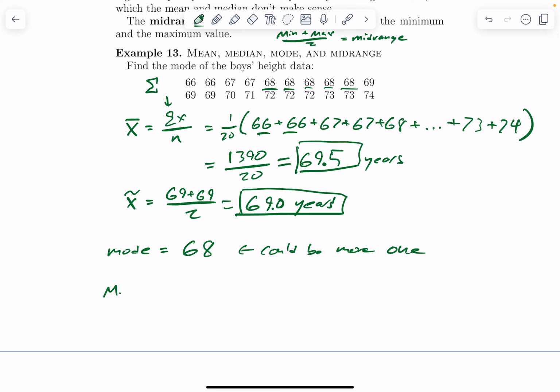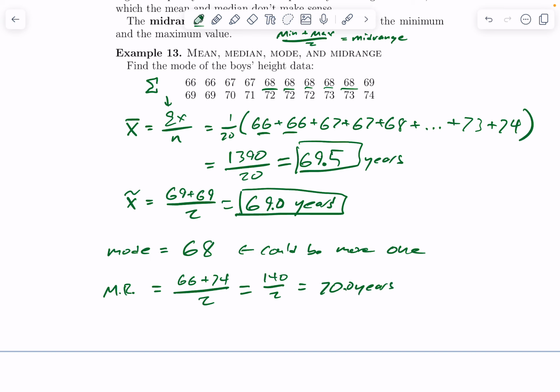Okay, now the mid-range is going to equal the minimum plus the maximum over 2. I average those, and I end up getting 140 over 2, which equals 70. So that's my mid-range, 70 years.